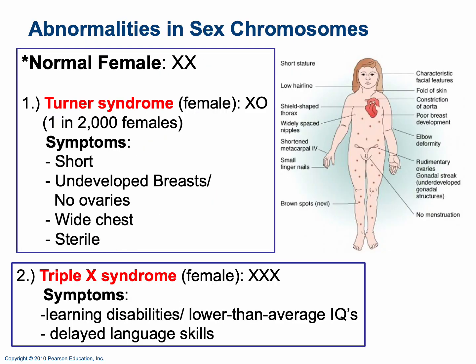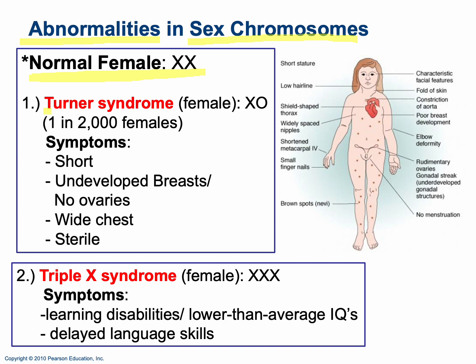But what we're going to see is the normal number of chromosomes in human beings is not always the case for everybody. There are some abnormalities found in sex chromosomes, and we look at some of these various syndromes. Take in consideration with females, normally XX for chromosomes.